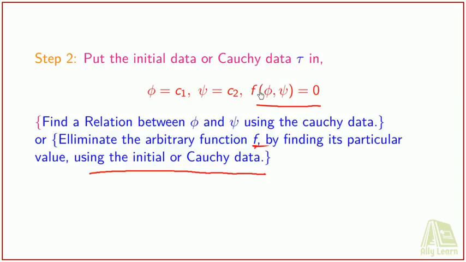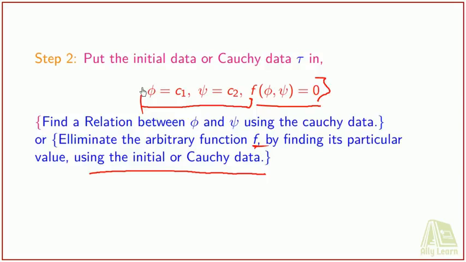But because that will involve some complex calculations, we will be considering this expression only. We will be putting the Cauchy data over here to find a relation between C1 and C2, and that relation will also connect phi and psi, and that will be our solution to the Cauchy problem.